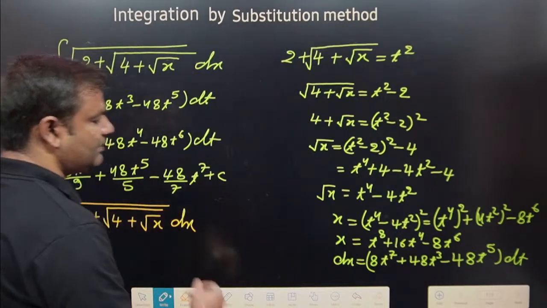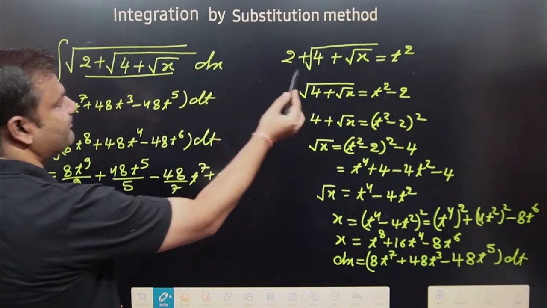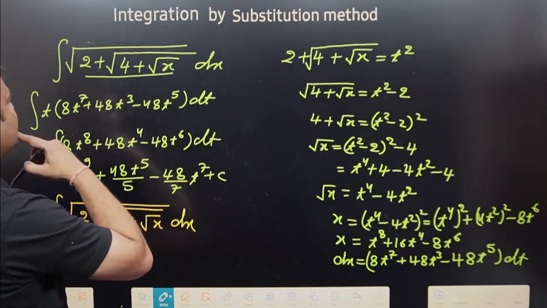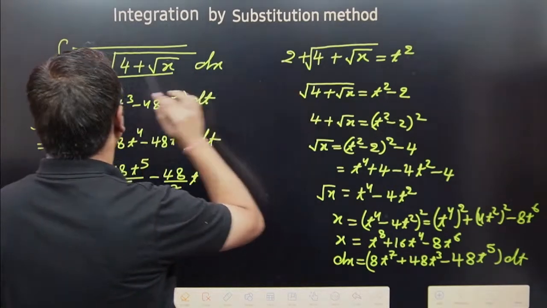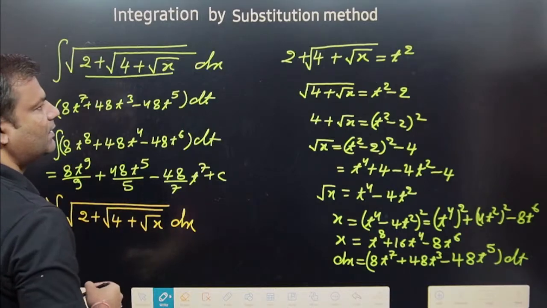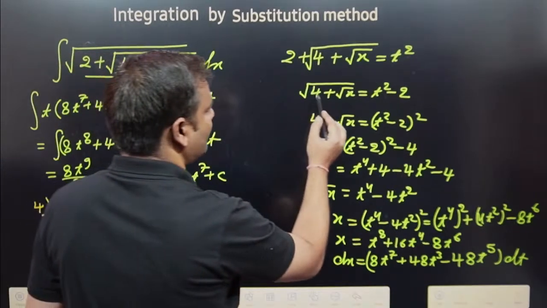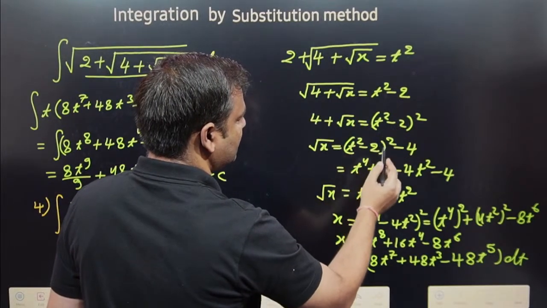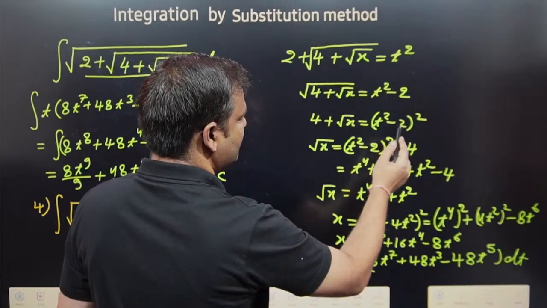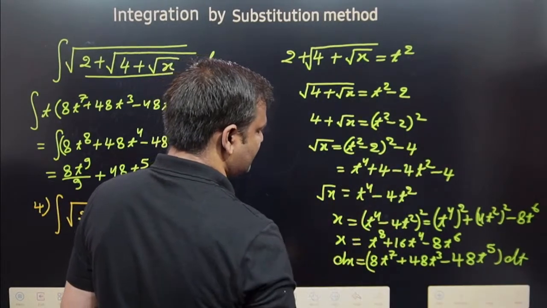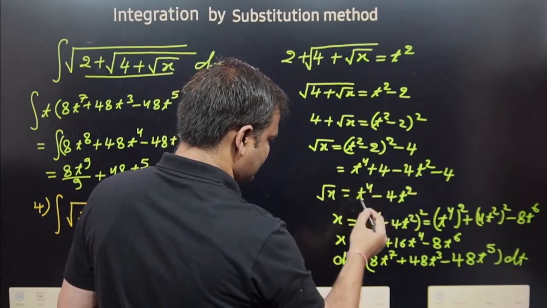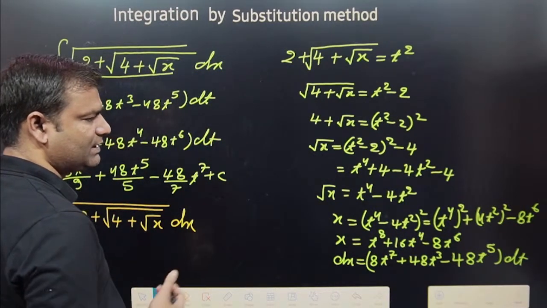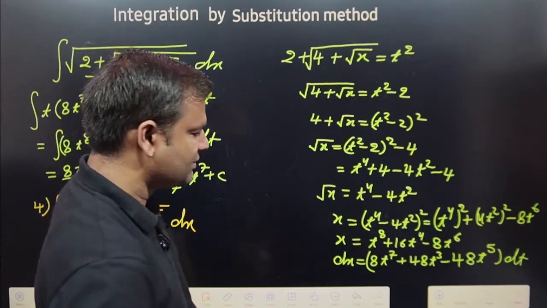Okay, simply we have taken this one as t square, so that is why the root is written as t. After that under root 4 plus root x equals t square minus 2. Squaring both sides, we get t square minus 2 to the whole square, and moving this 4 to this side, it is minus 4. So that cancels, and we get t to power 4 minus 4 t square. After that, again squaring both sides, we get x like that.